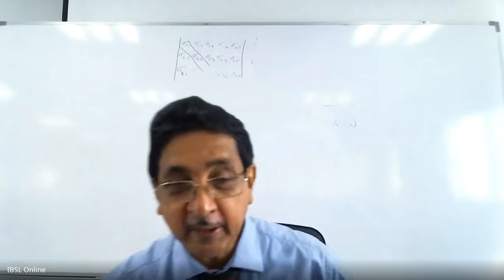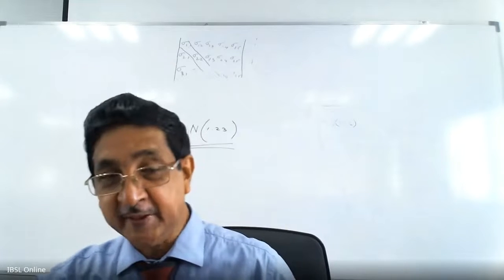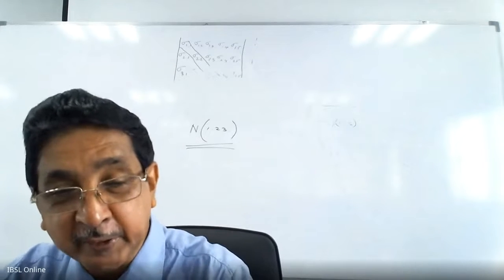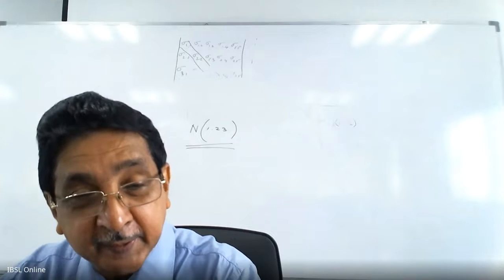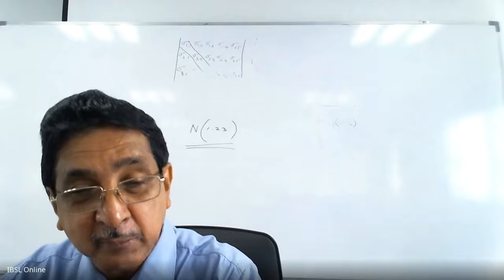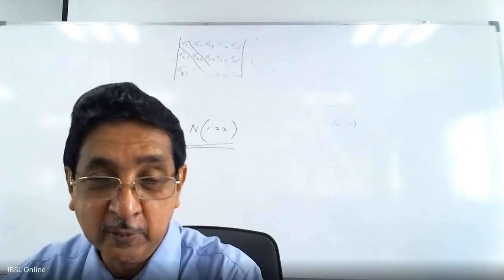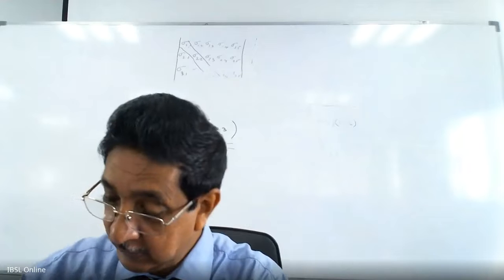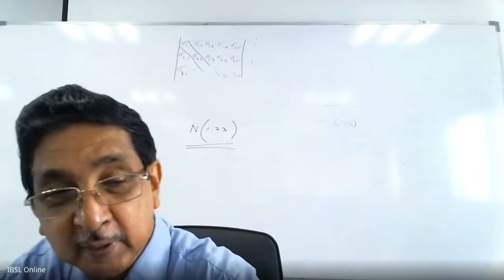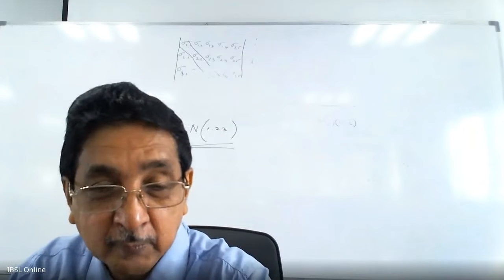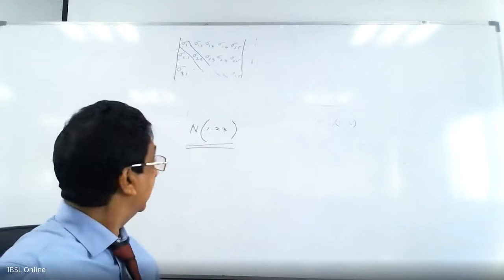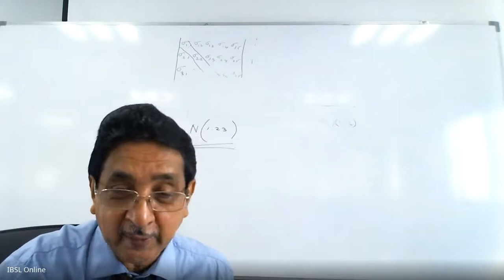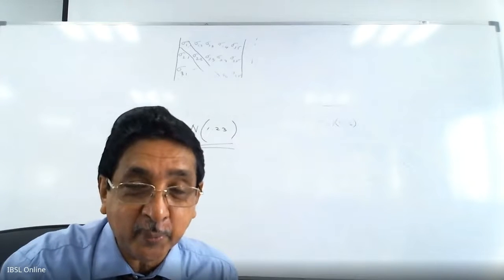Now I will show what this normally represents. When I say N(1.23), what is that? We have to go through the normal curve table and get this value. So how are we going to do it? Just go to the normal curve table. Now we are going to get the value of N(1.23), and I will show you how.